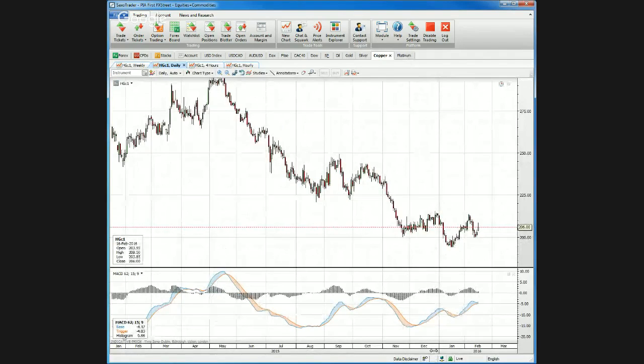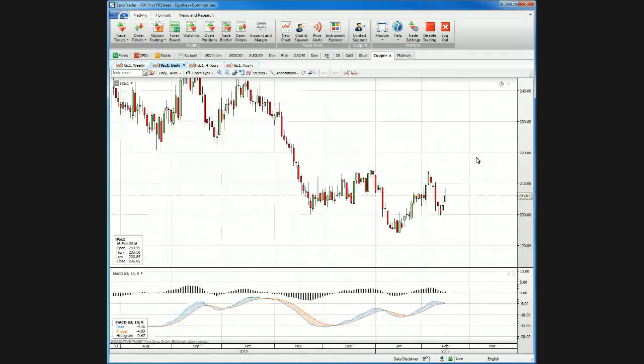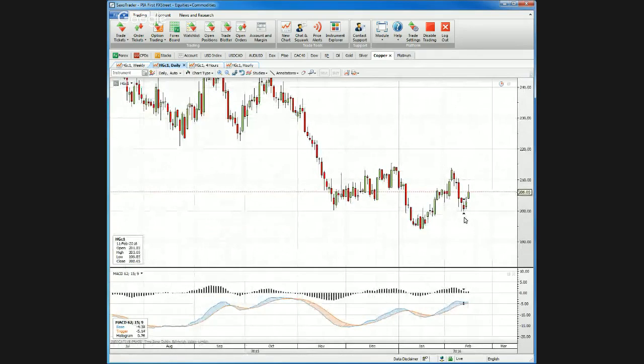Copper's reacted higher at the moment. That's bounced off the $200 level, and although we've seen an extended move to 208.50, we had resistance around 208.50, but we're looking to buy dips this morning. From a medium-term perspective, again, that looks to be setting up an inverted head and shoulders.